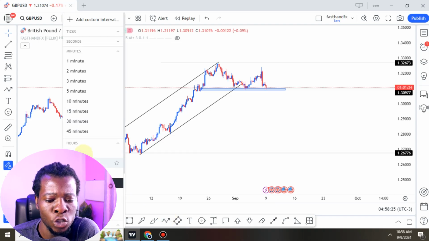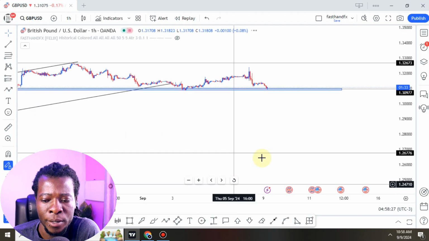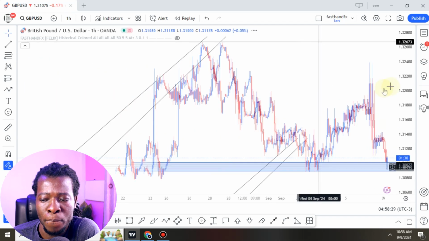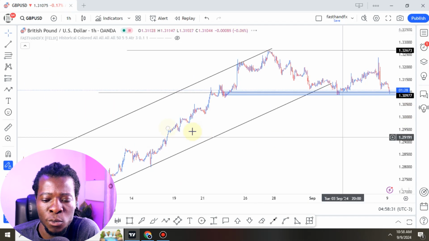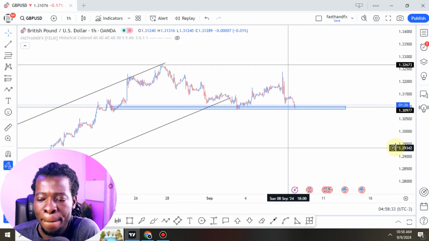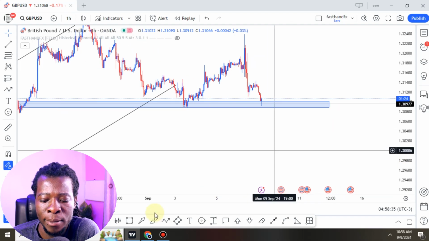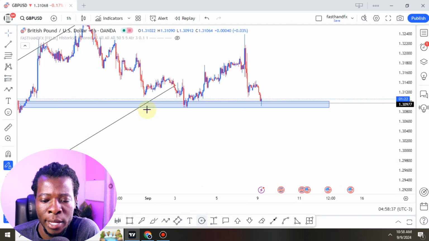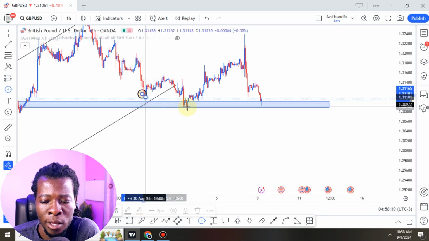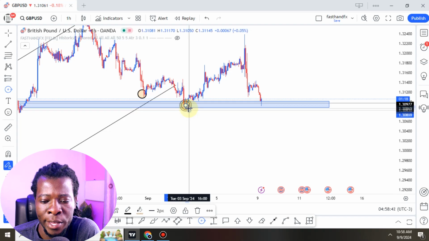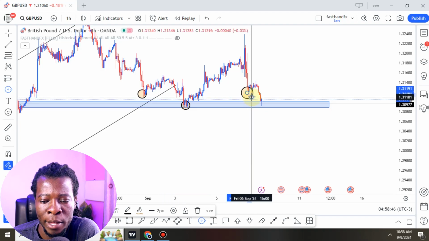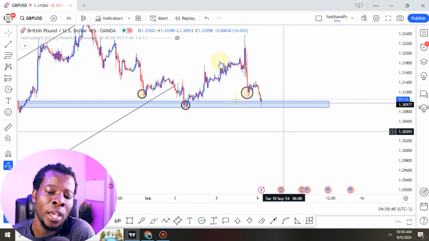Let's hit the H1 right there. Now if this is what we see on the H1, remember last week I said we might say this is just a left shoulder. Then I said we might call this the head, and that was, I believe, Friday when the market was here, we might call that a right shoulder.